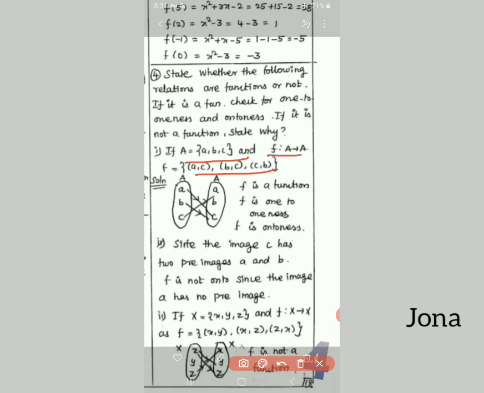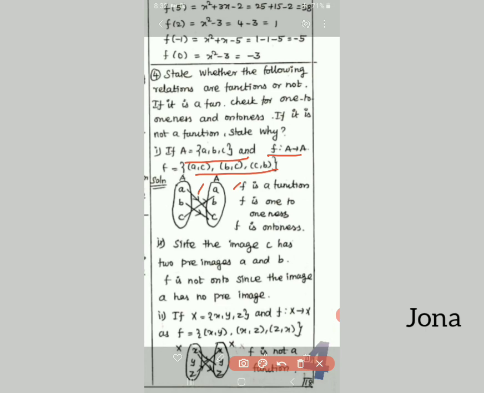According to these ordered pairs, we can draw the function relations here. Here I have set A as a, b, c, and another set also the same A only.